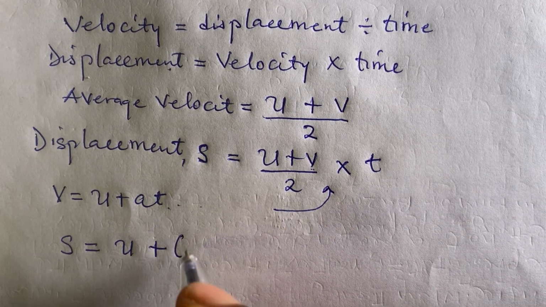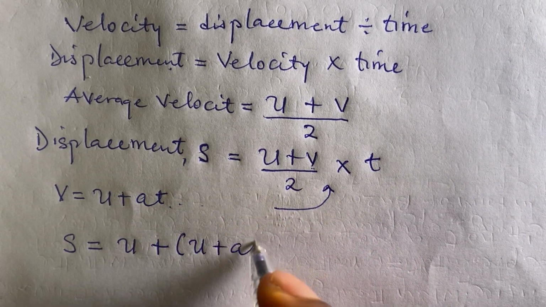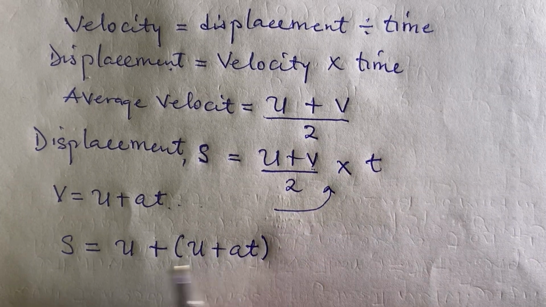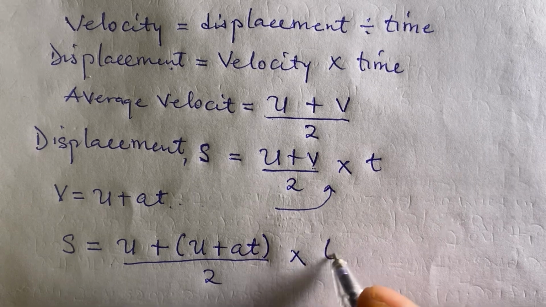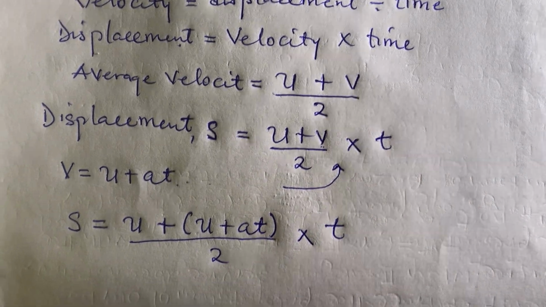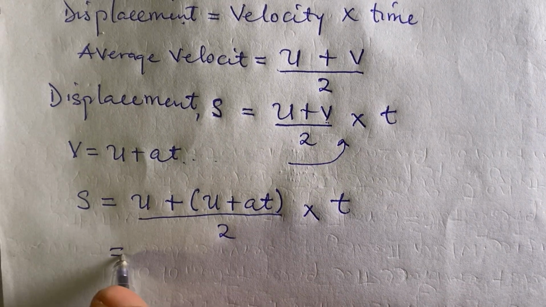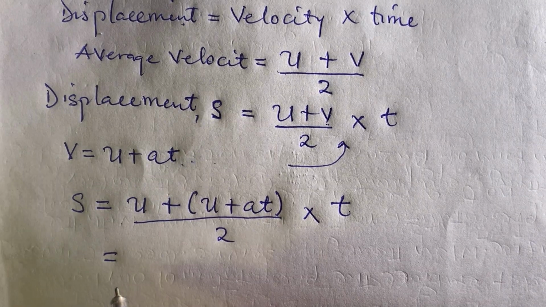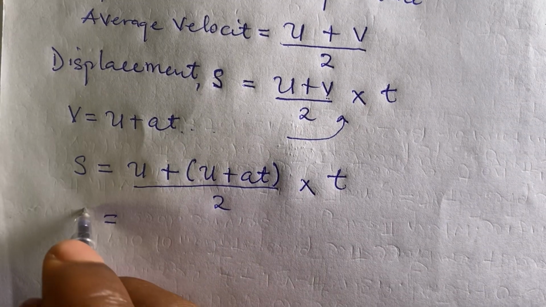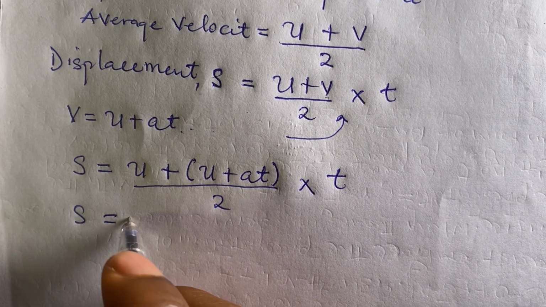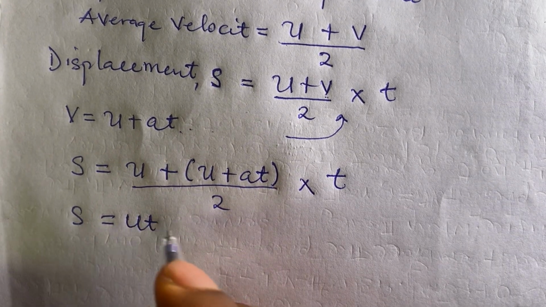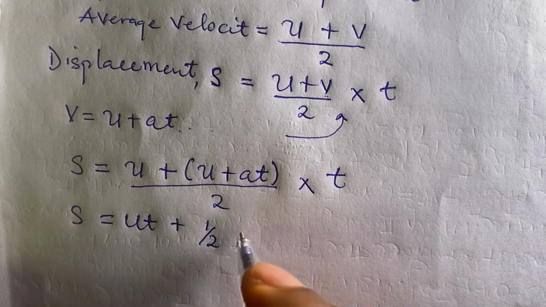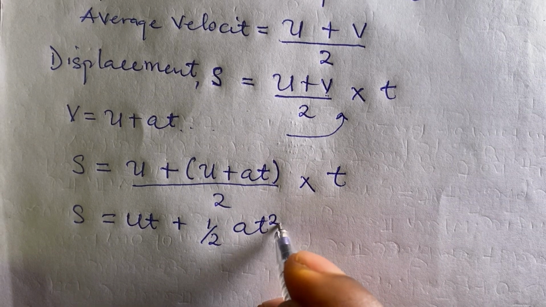So we are going to have s equals u plus u plus at, over 2, times t. So if you open this bracket, you're going to have s is equal to ut plus half at squared.